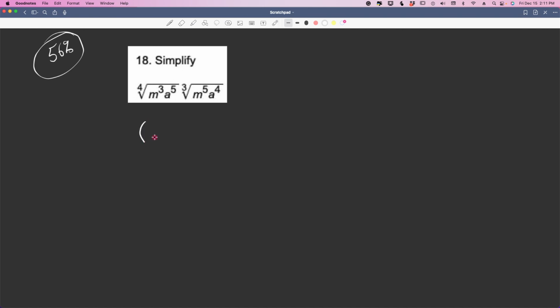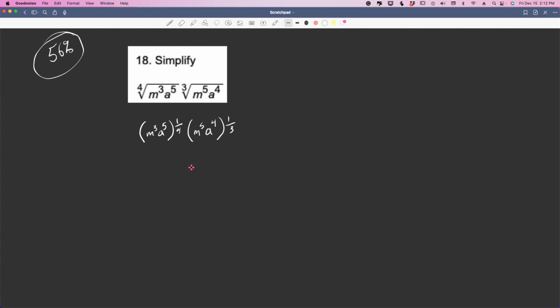So we have m to the third, a to the fifth, written once with an index of 4, times m to the fifth, a to the fourth, written once with an index of 3.